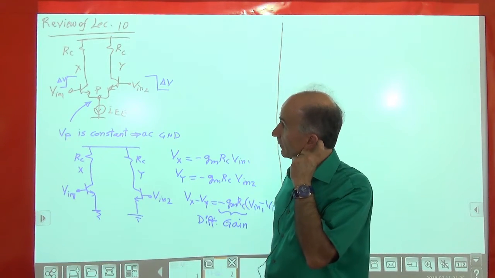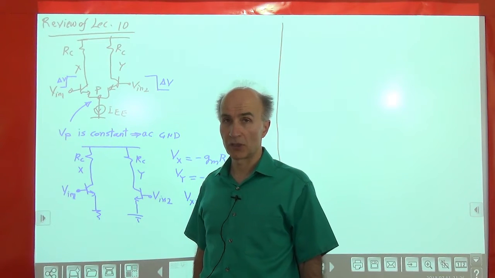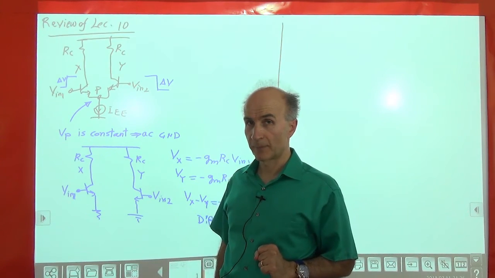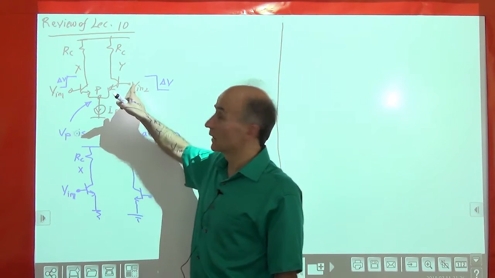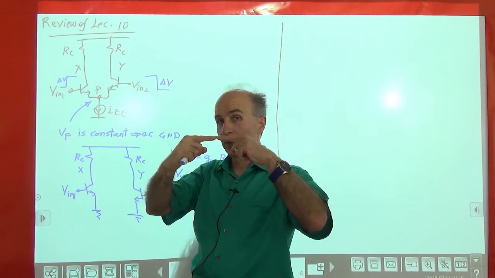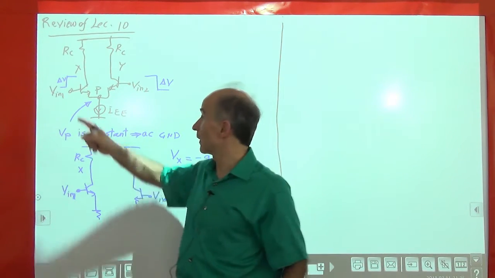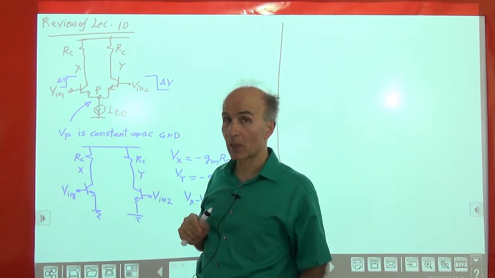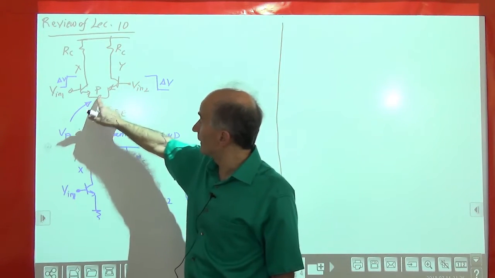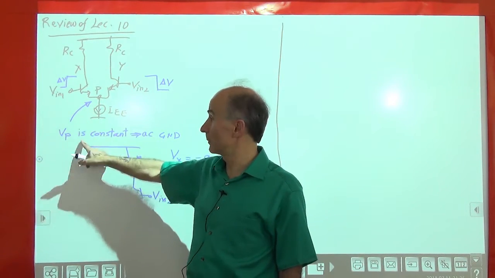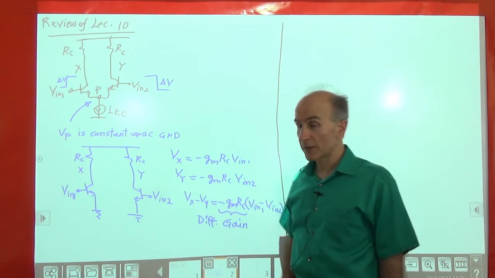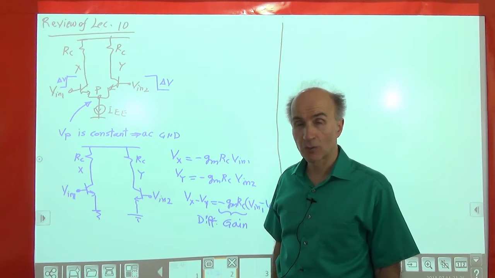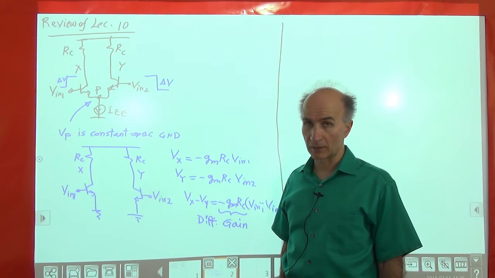We looked at a differential pair in the small signal regime, and one important observation that we made was this: if the two inputs to the differential pair start with the same level and change differentially, so one goes up by delta V, one goes down by delta V, and these changes are small, then we saw that this node voltage does not change, so Vp is constant. Okay, so if Vp is constant with time, we can call that an AC ground in the small signal model.